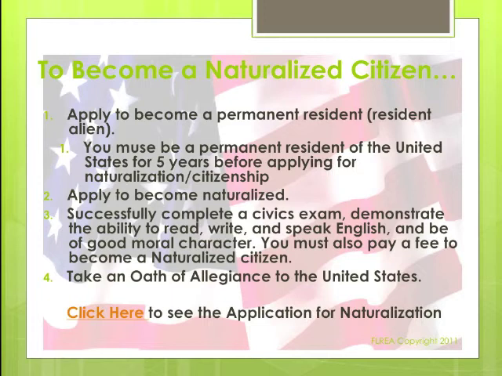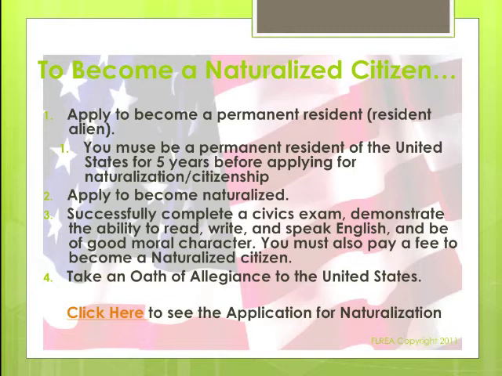To become a naturalized citizen, you must first apply to become a permanent resident or resident alien. You must be a permanent resident of the United States for 5 years before you can apply for naturalization or citizenship. So after the 5 years, step 2 is to apply to become a naturalized citizen.